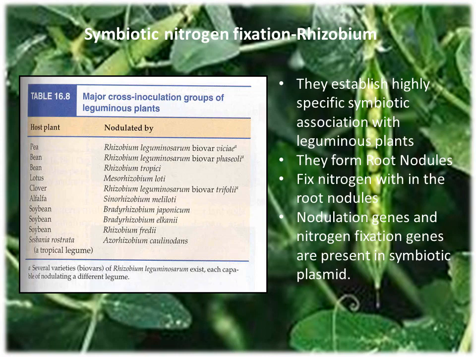In this slide I have also given a few examples of groups of Rhizobium. For example, in peas, the Rhizobium species is Rhizobium leguminosarum biovar viciae. A biovar is nothing but a variety of leguminosarum. Likewise for bean, we have Rhizobium leguminosarum biovar phaseoli.